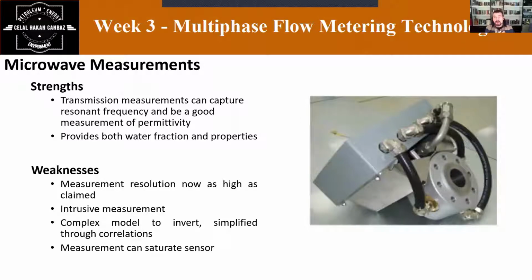Especially if you are using a new technology separator, you can get close results to new versions of the multiphase meters as well.